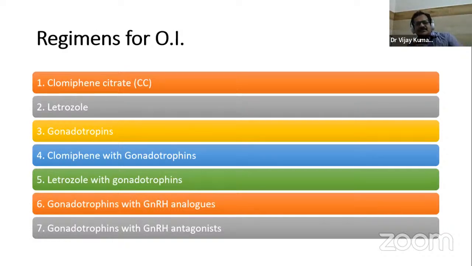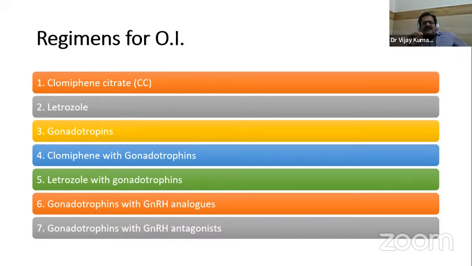So what are the agents which are used for ovulation induction? The commonest molecule that we use is clomiphene citrate. Apart from clomiphene citrate, letrozole and gonadotropins can also be utilized. In some cases, we can combine these agents like clomiphene citrate with gonadotropins, letrozole with gonadotropins, gonadotropins with GnRH analogs, gonadotropins with GnRH antagonists.